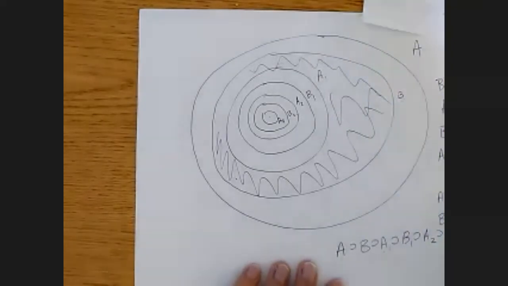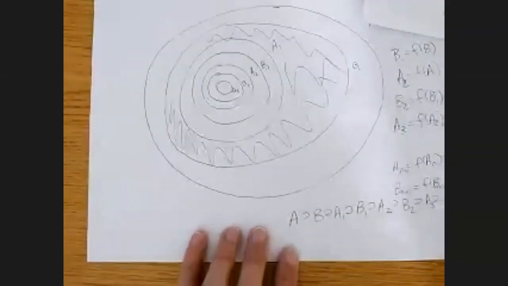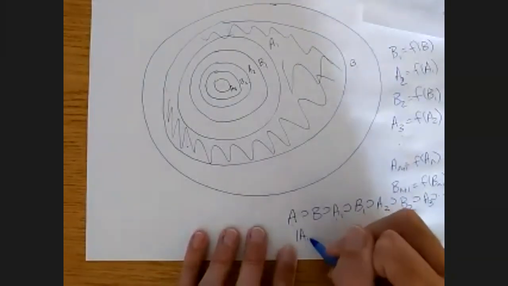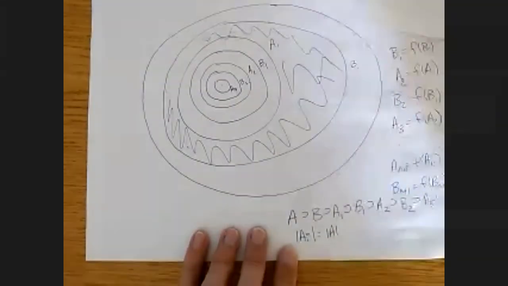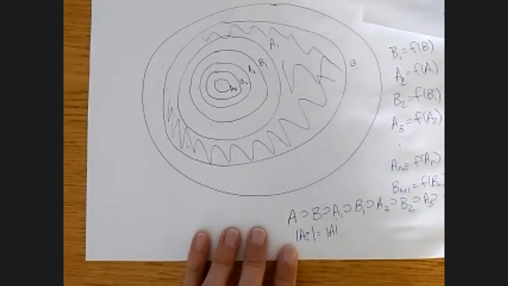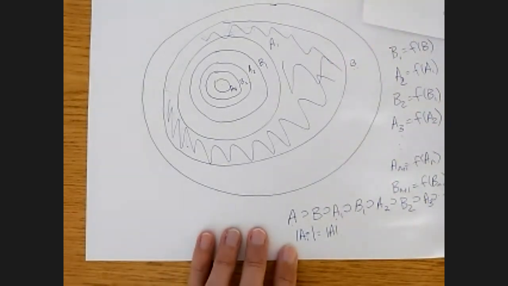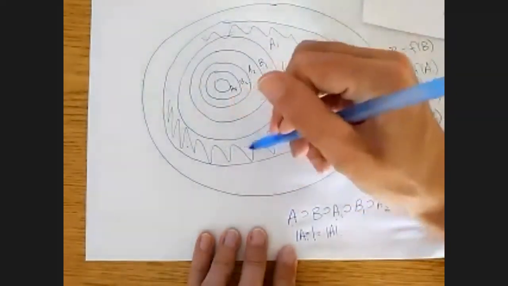And each Ai has the same cardinality as A. And the problem is this shaded area.